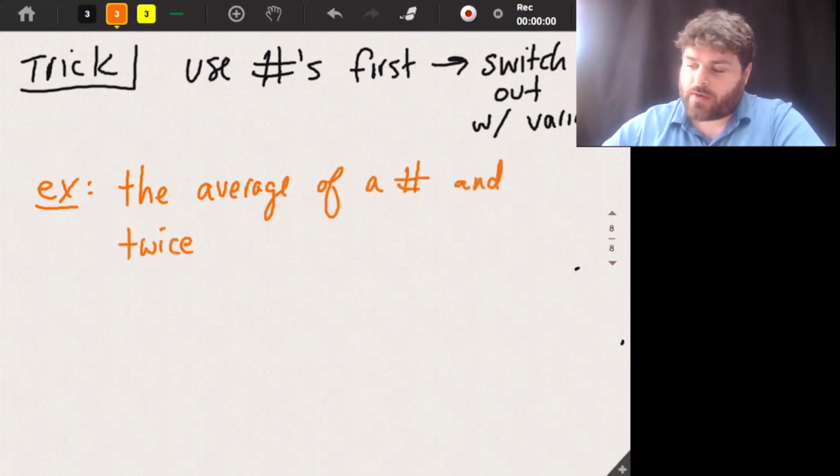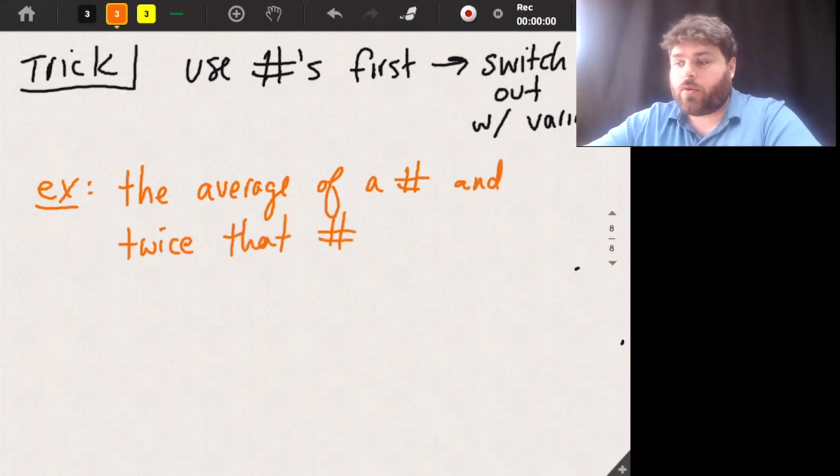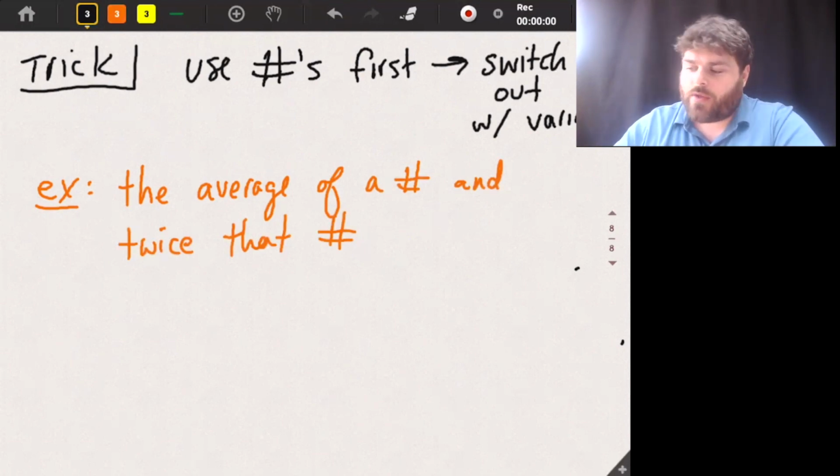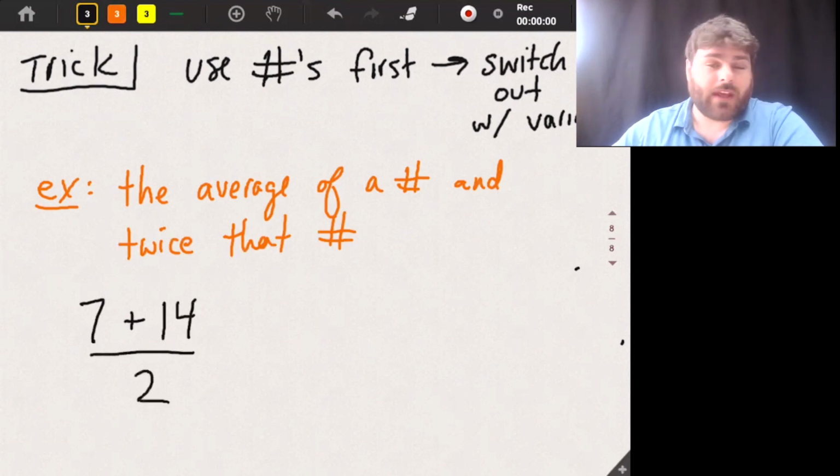So what we're going to have to do is try some examples with numbers. Let's pretend instead of just a number, we use a specific number. Let's pick the number 7. I want to find the average of 7 and twice 7. So I know that 7 plus 14 divided by 2 will give that to me.